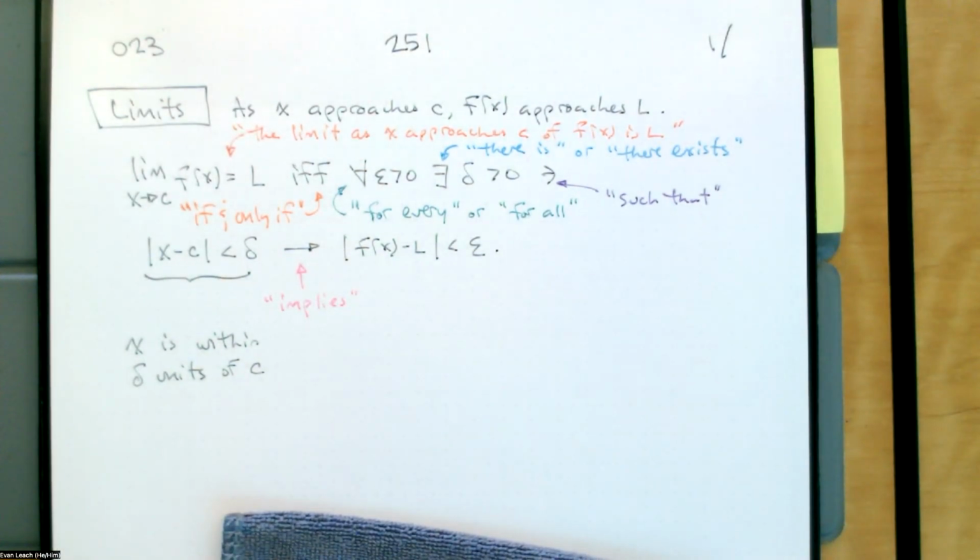X is within delta units of c. So if I'm going to be within 1 unit of 10, that means x is going to be somewhere between 9 and 11.